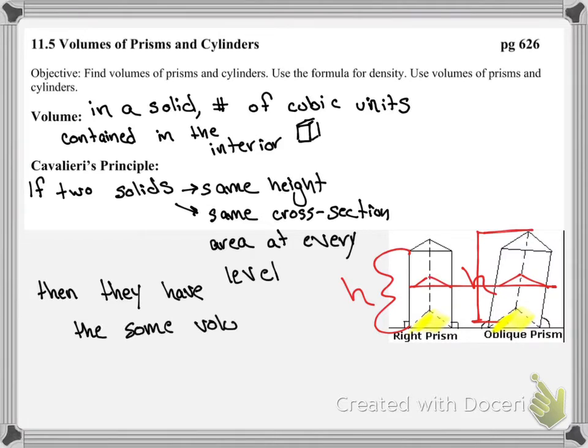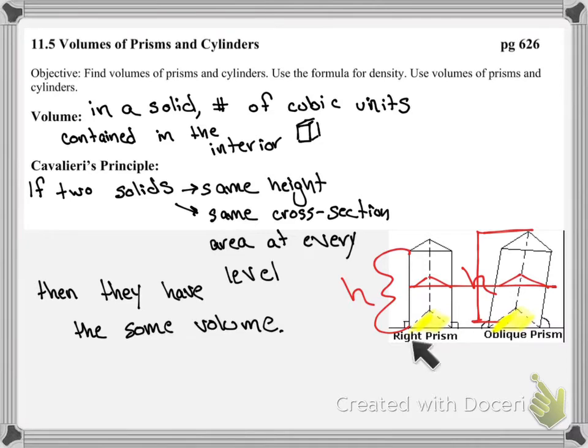And what Cavalieri noticed then was, if I have here an oblique prism, an oblique doesn't go straight up. Most of the prisms you dealt with up to this point have been right, meaning the two bases are directly across from each other. Here, in an oblique prism, they're not. They don't make those right 90-degree angles.